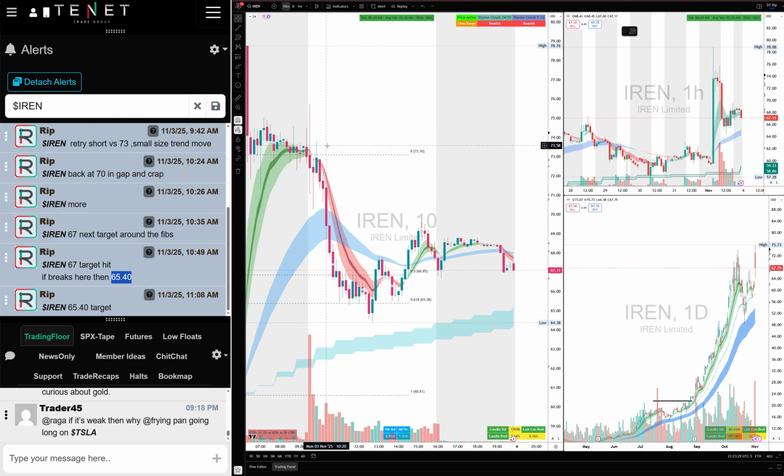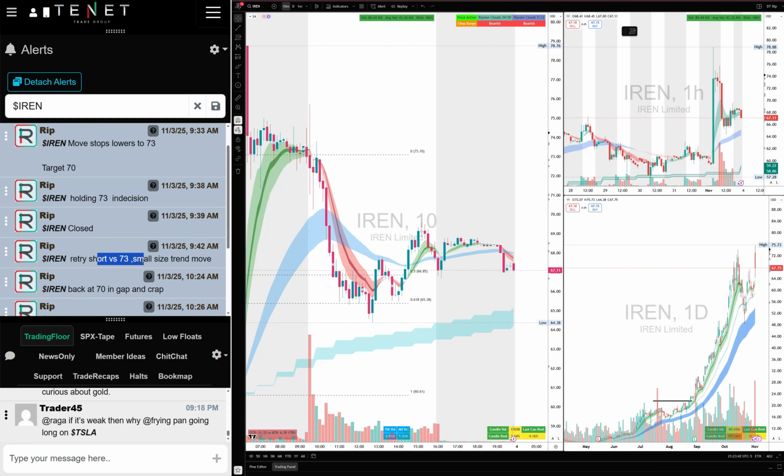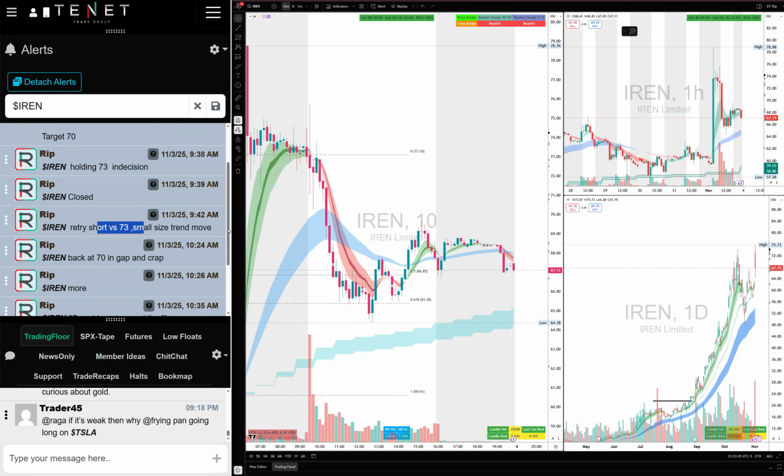The first time we stopped out, even though we were making $1 profit, it was swiping back on top of us, so we got stopped out break even. But then we re-added the short. When I said re-hit the short versus 73 or 74, this time it faded from that 72 area all the way to 64.